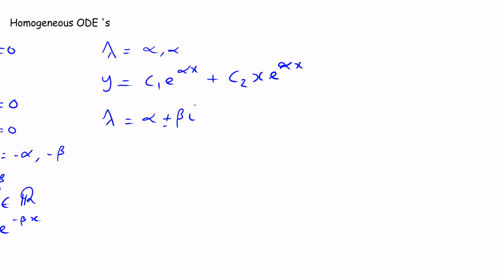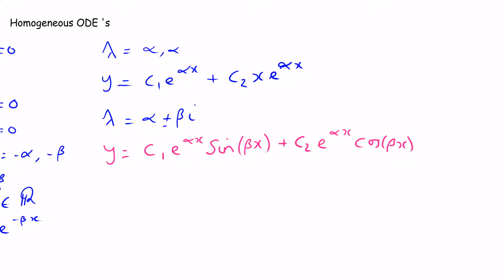So for complex roots, we would have y equals c1 e to the alpha x sine beta x plus c2 e to the alpha x cos beta x. And that would be our general solution for complex roots.